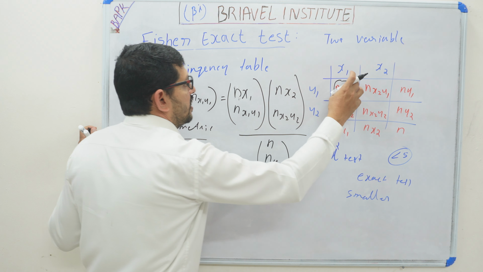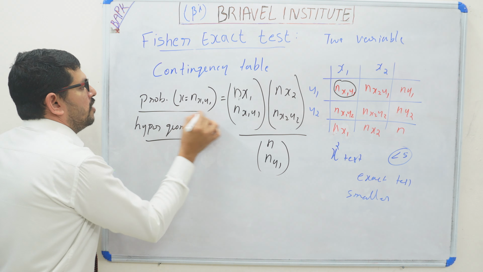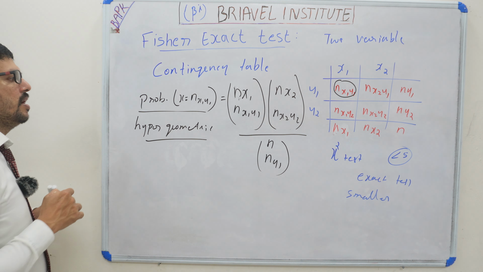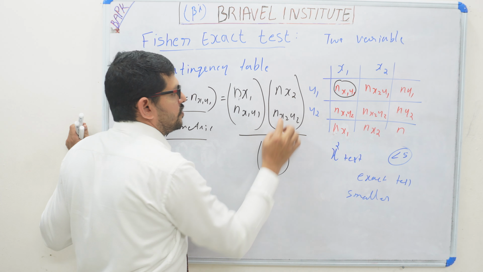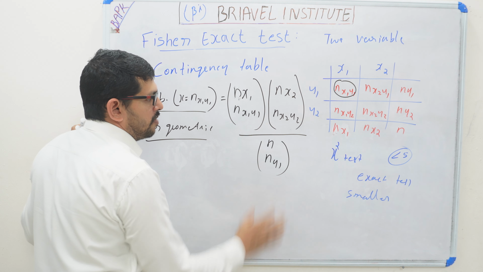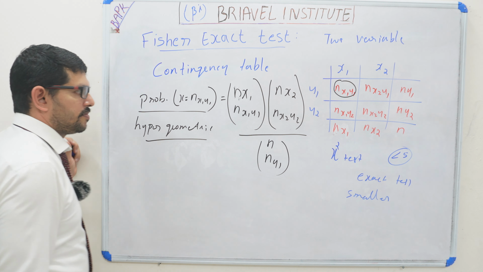So for a particular cell, how do we get the probability? By using the hypergeometric distribution with n x1 y1, n x2 y2, and the total. This is how we find out the probability value.